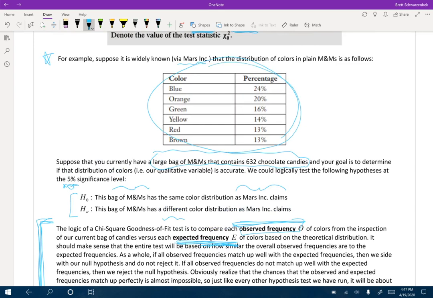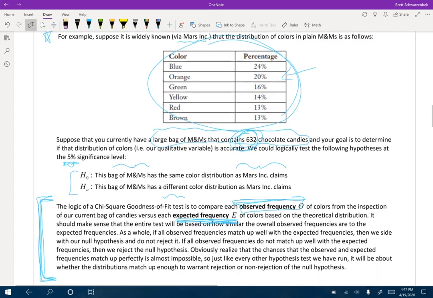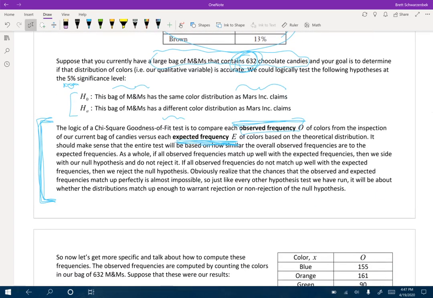So here's the problem. Right now, our expected frequencies aren't here, which means we're going to have to use these percentages to calculate them. Hopefully you already know how to do that based on our 632 number, but I'll show you in a second if that's not coming to you. Okay, it should make sense that the entire test will be based on how similar the overall observed frequencies are to the expected frequencies.